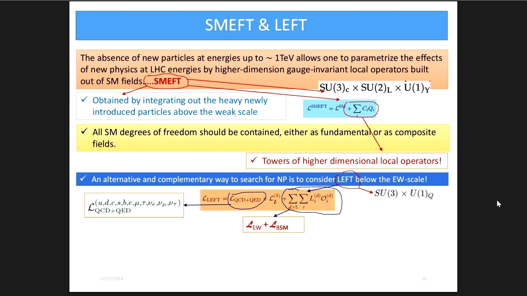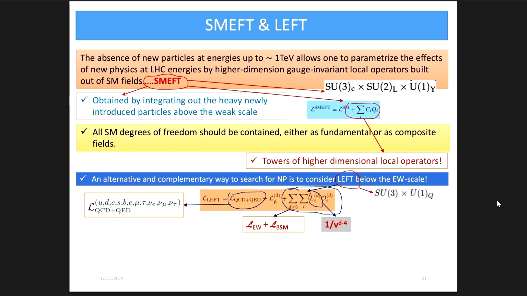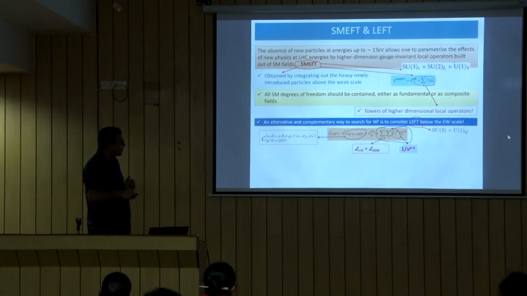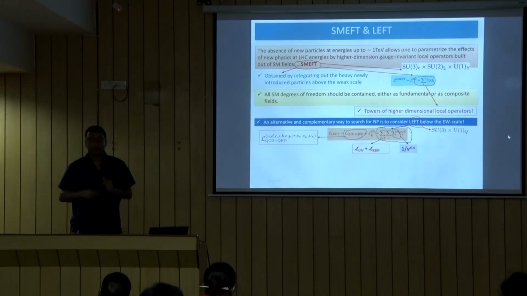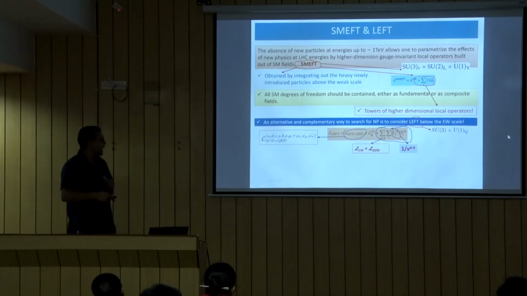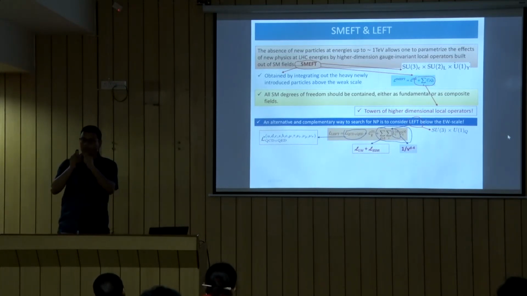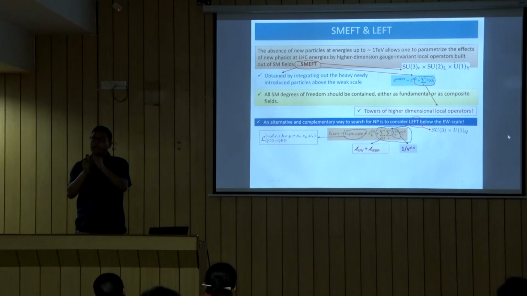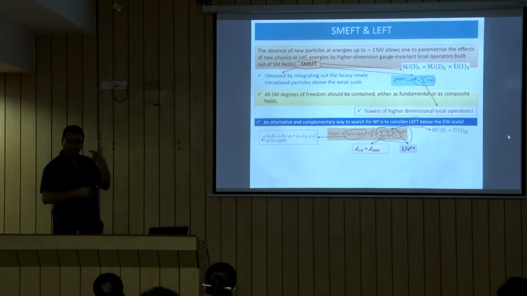Okay. And so now, what would be the dimension? If you do power counting, this coefficient should scale like 1/v^(D-4), where D is the dimension. Okay. However, it is possible that you will be obtaining those effective operators via the insertion of SMEFT operators. So then the power counting will change.